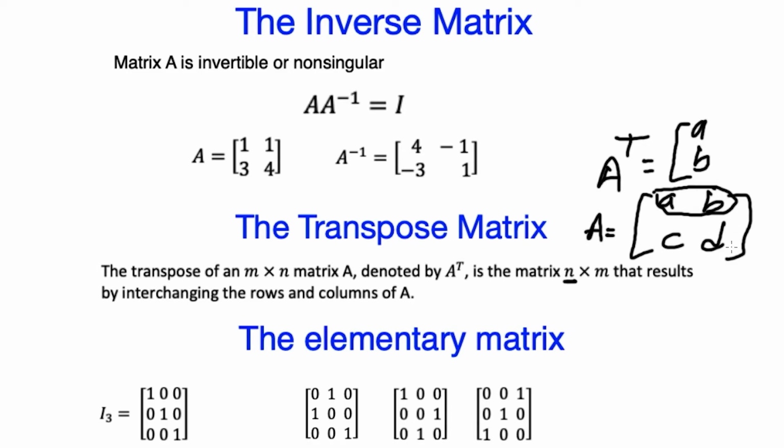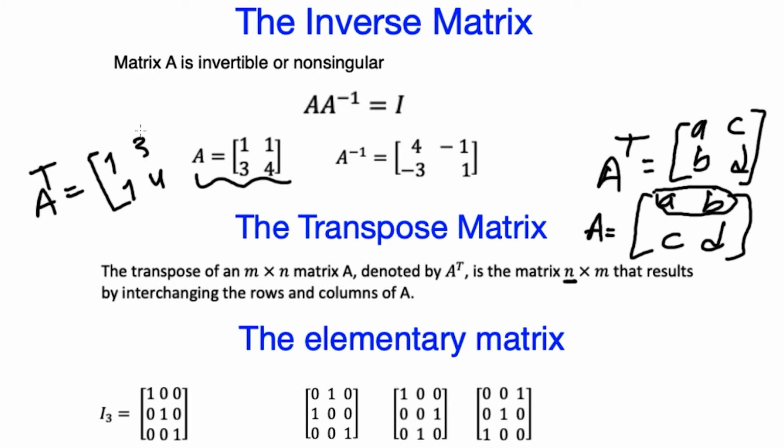And the second row will be the second column of A transpose, so it will be C, D. This is how we get the transpose of a matrix. For example, here, the transpose of this matrix: the first row will be the first column of this matrix, so it will be 1, 1, and the second row will be the second column, so it will be 3, 4.